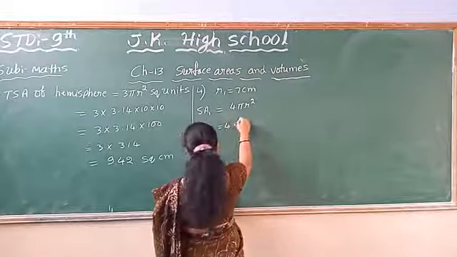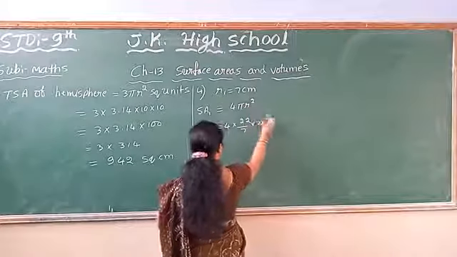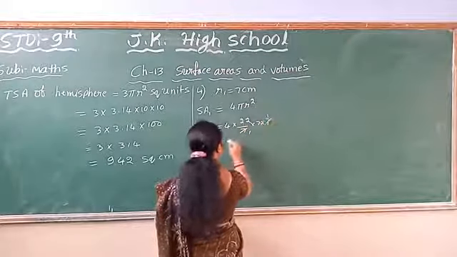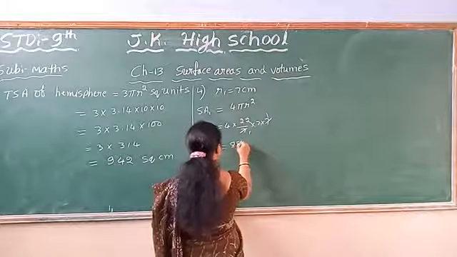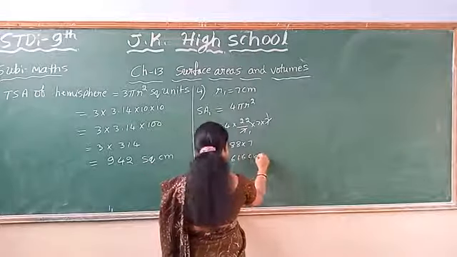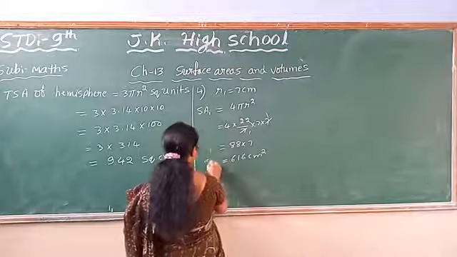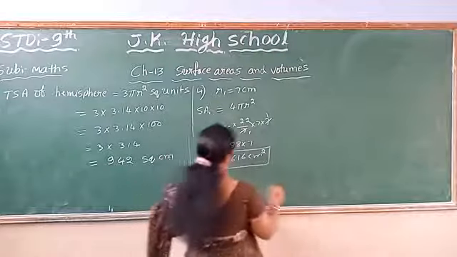4 into 22 by 7, 7 into 7, r value substituted, 7 and 7 cancel. Then you multiply these two, then you get 616 centimeters square. This is the surface area of the sphere when the radius was 7 centimeter.